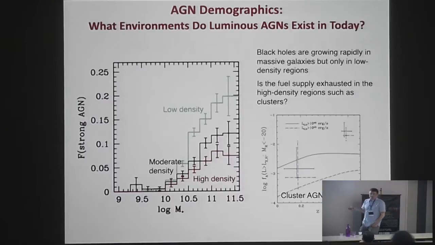The environment has a couple of effects. One is its ability to remove gas from the galaxy. The other is to inhibit gas from ever getting into the galaxy. Cluster environments are kind of nasty because you have lots of galaxies, so there's chances of interaction. If you have an interaction, if they had gas, you'll be able to strip some of the gas away. You might process some of that gas very fast into stars and burn through it very quickly. You'll heat the gas.